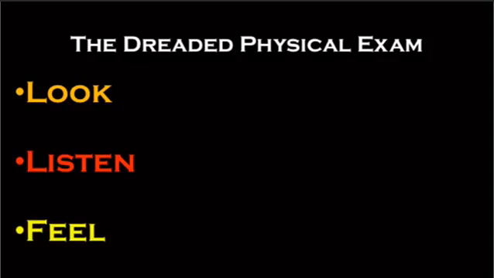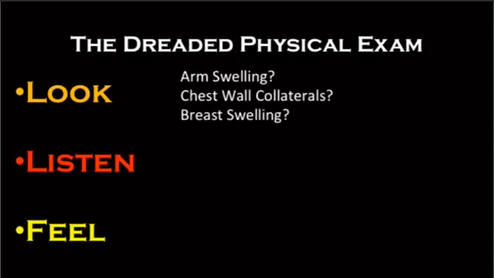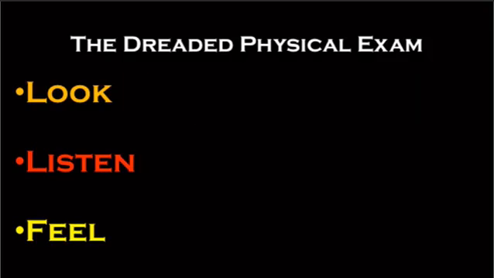So if you've got marked arm swelling, this usually indicates central venous stenosis. Dilated veins and collaterals are usually apparent on the patient's upper arm, chest. It may have swelling of the breast in a female. All of this is sort of making you think central venous access. All right.